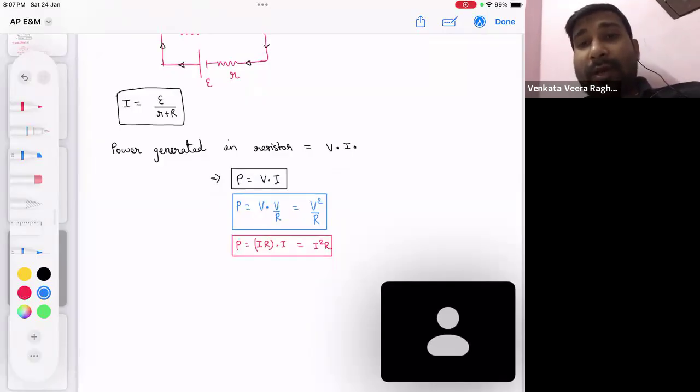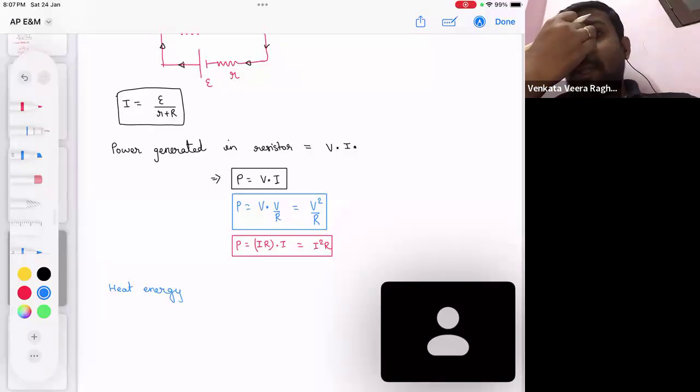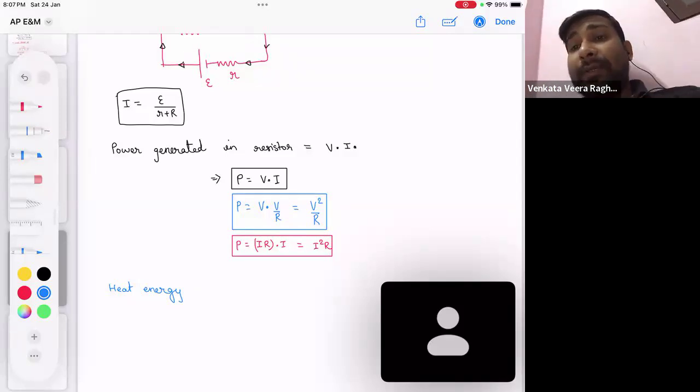Now, from the power, can we calculate the heat energy generated in the resistor? What is the relation between power and energy? Power is energy developed per unit time, so energy is power into time.